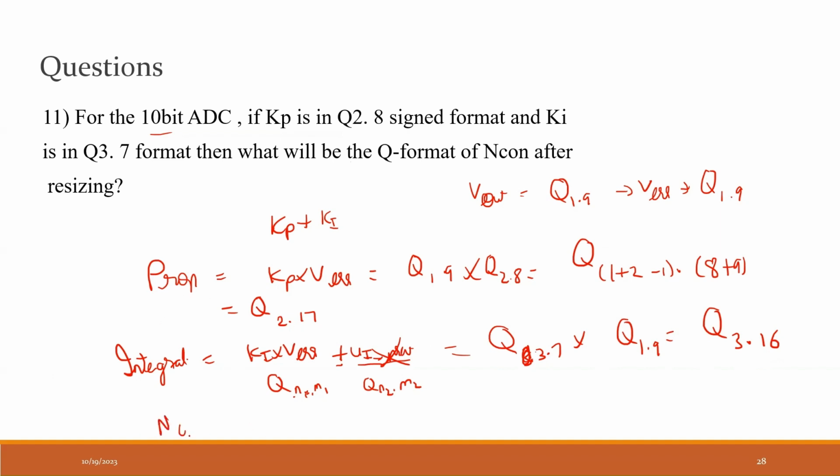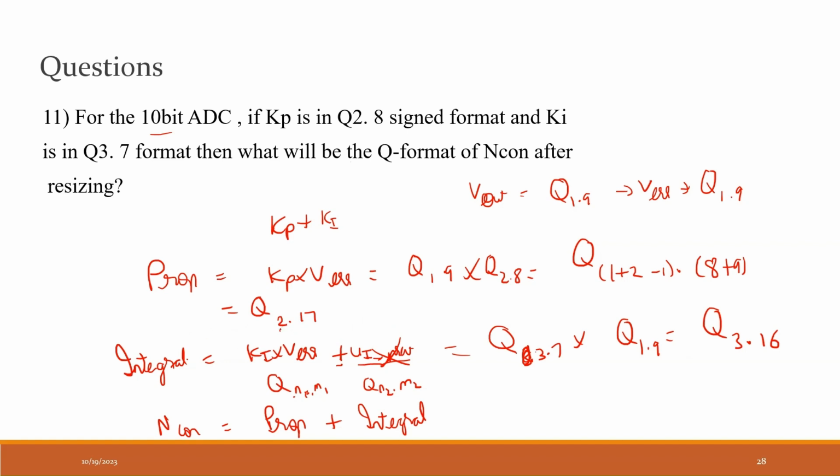Now Ncon is proportional plus integral. But I cannot add Q2.17 to Q3.16. That is not possible. So both have to be converted to the same format. In this one, I will pad the MSBs. It is known as padding the MSB. Whatever bits it has less, I will add all ones.